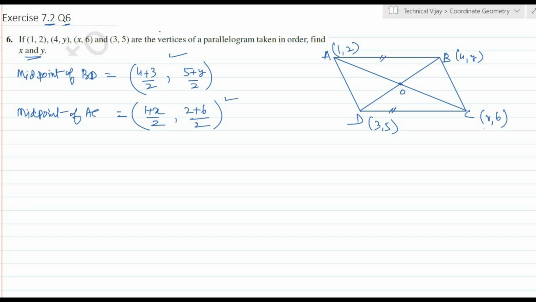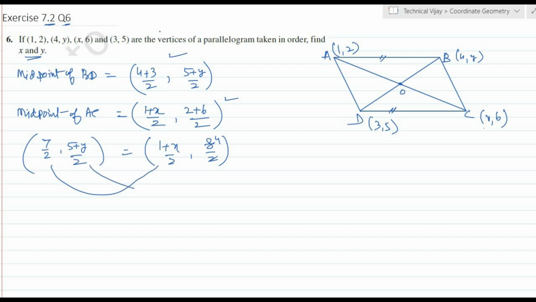That is 4 plus 3, which is 7, so 7 by 2, comma, (5 plus y) divided by 2, is equal to (1 plus x) by 2, comma, 8 by 2, which is 4. Now we equate this to this and this to this, because both midpoints are the same.